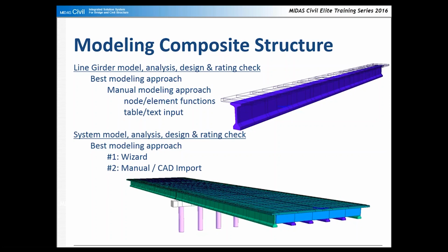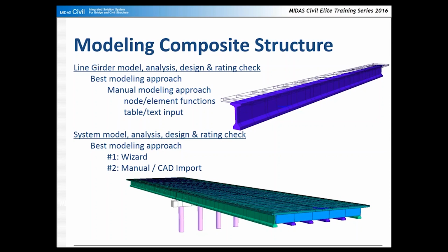For both the line girder approach and the system approach, you do the design, rating, checking, and analysis the same way. The only variable here is modeling, and how you determine it is based on the structure condition and so on.